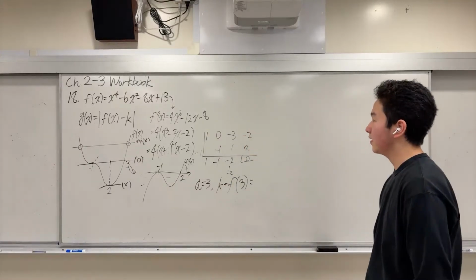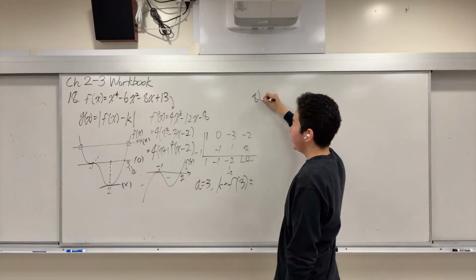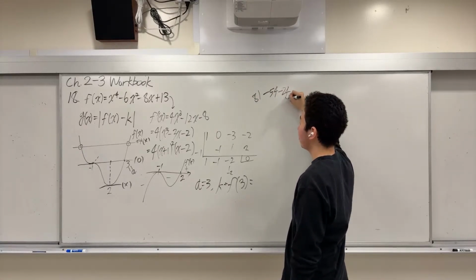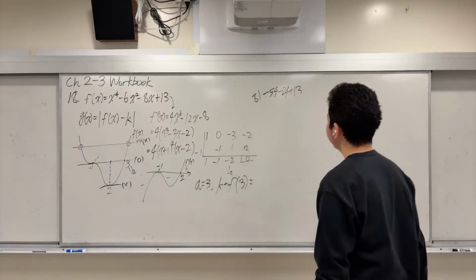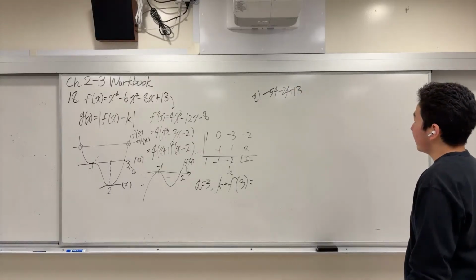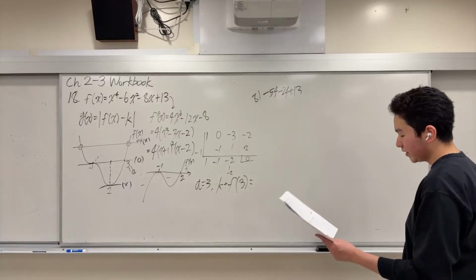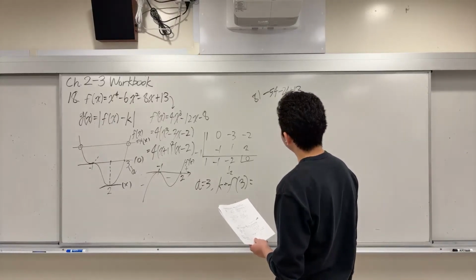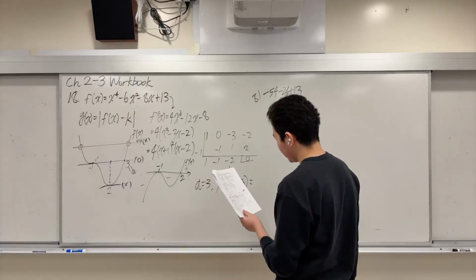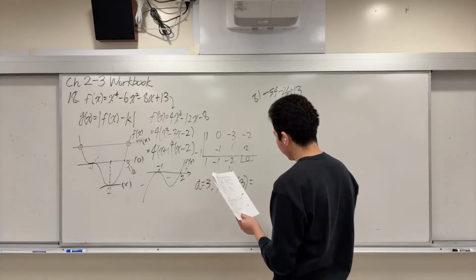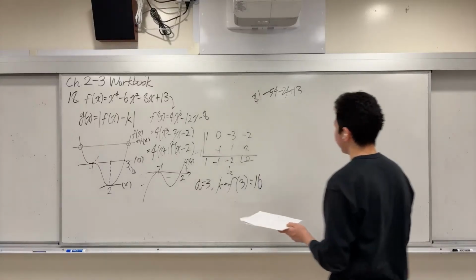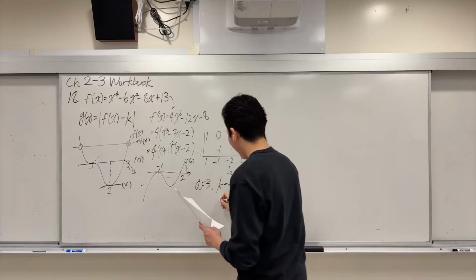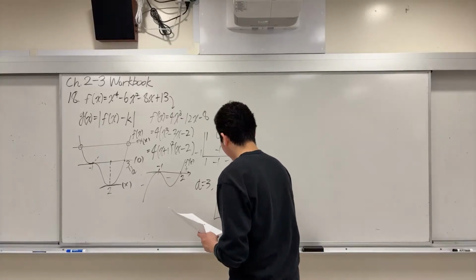If you plug that in, that's going to be 81 minus 54 minus 24 plus 13, which should be 16. 16 should be your value of k, yes. Okay, so k is 16 and a is 3, and your final answer should be a plus k, 19, okay?